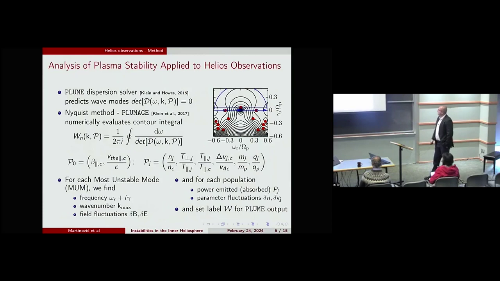And okay, so what you do with your VDF is you have a set of parameters, which I'm going to call P. So this is your beta, your thermal speed, and then a set of VDF characteristics: density, parallel and perpendicular temperature, the drift, and so on, all of which you normalize to proton core.